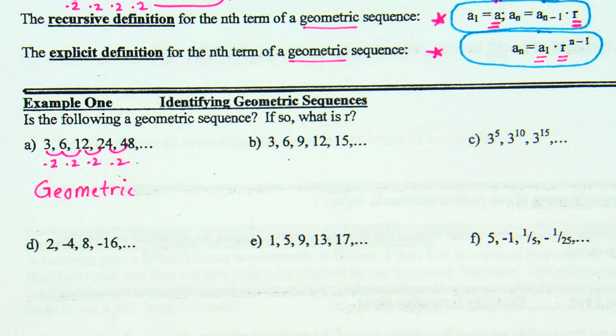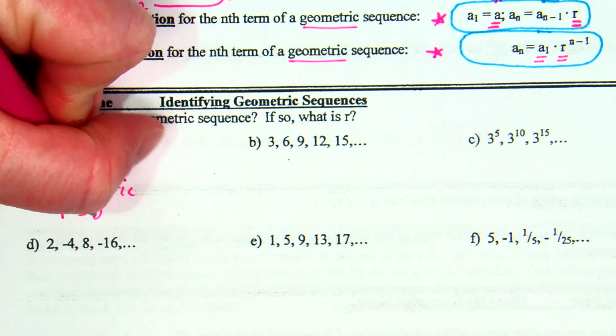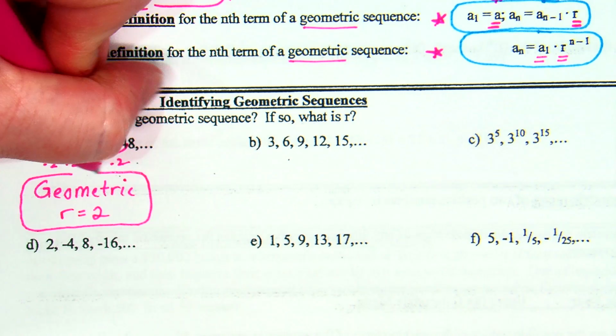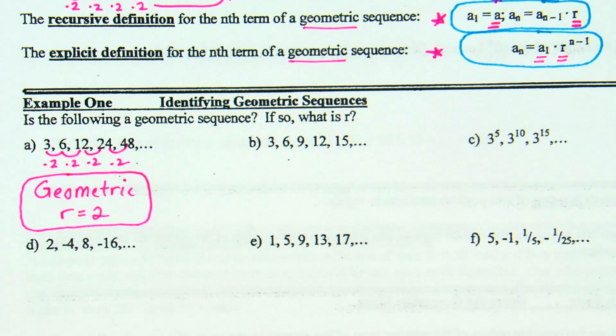If it's geometric, what is R? What did we keep multiplying by, right? We multiplied by 2, so R is 2. Okay.